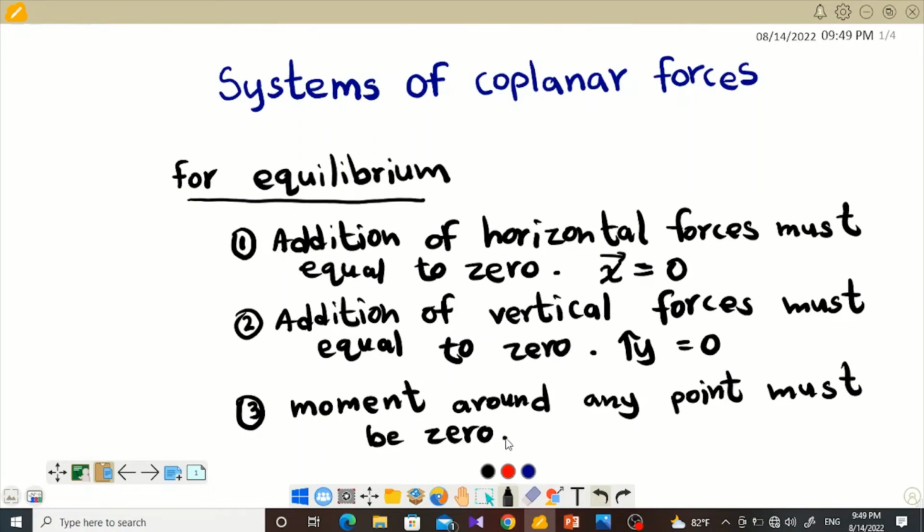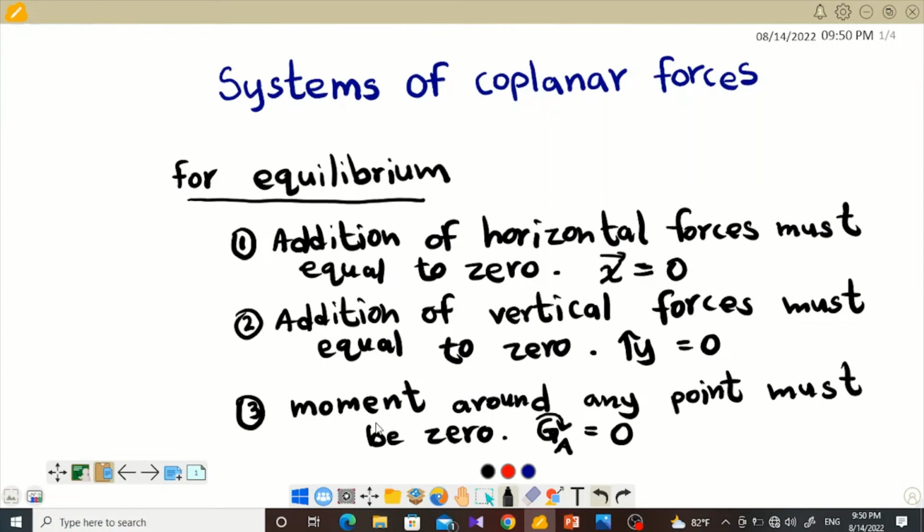So normally we denote taking moments using the letter G, and the point where we take moments, for example point A, and the direction clockwise or anti-clockwise must be equal to 0. So for the system to be in an equilibrium state, the system must satisfy these three conditions.